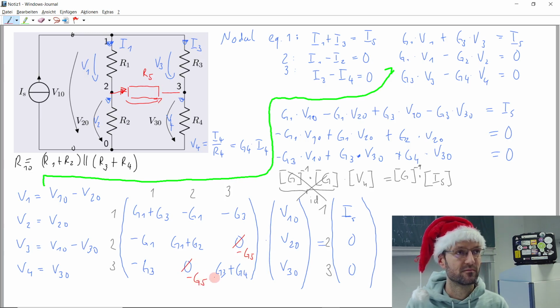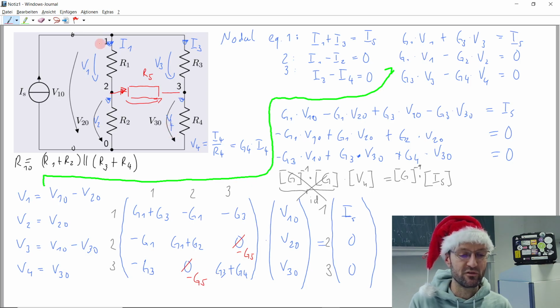Is it going to be a 4 by 4? No, it's not going to be a 4 by 4 matrix because we don't change the number of nodes. We still have only 3 nodes. At these positions we should have some additional G5.